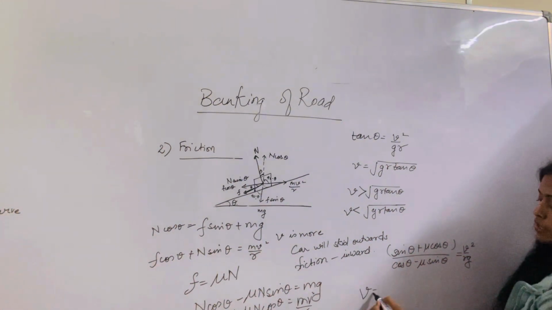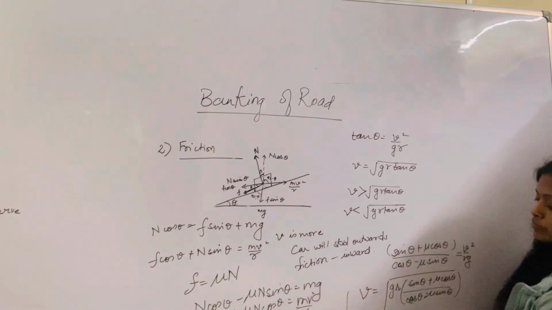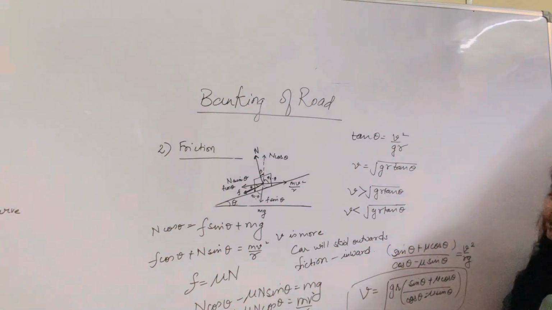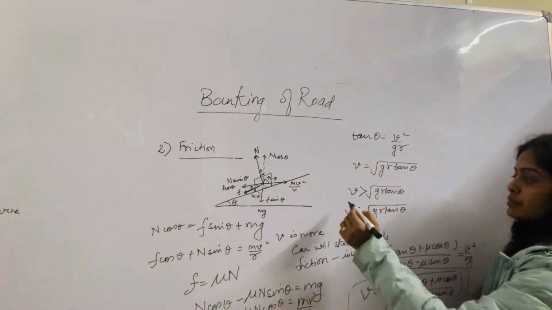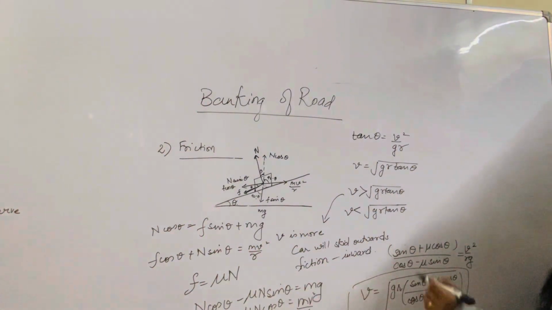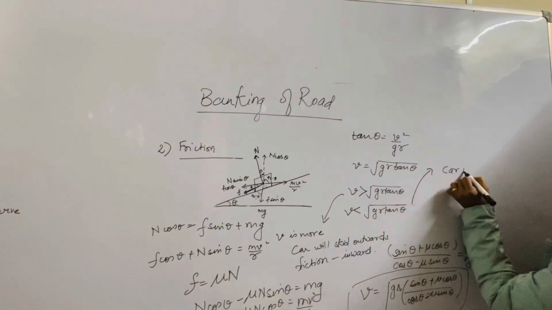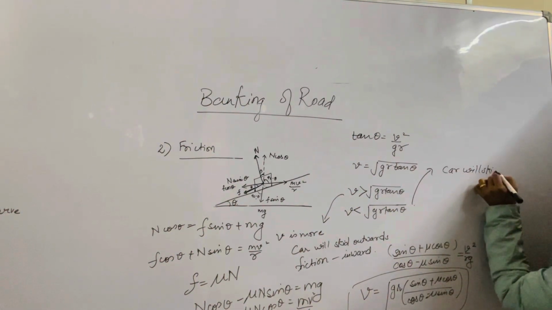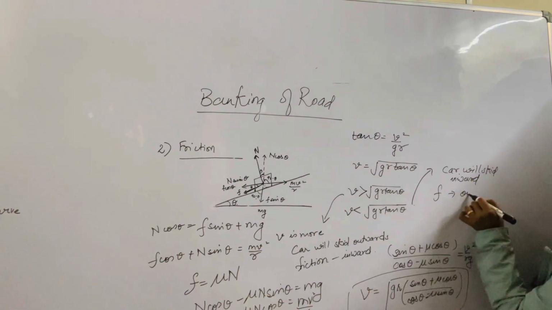That means v is equal to under root of g r times sin theta plus mu cos theta upon cos theta minus mu sin theta. So this is the term in the case when velocity is greater than under root of gr tan theta. When the velocity is less than under root of gr tan theta, the car will skid inward. If the car skids inward, the friction will be outward.